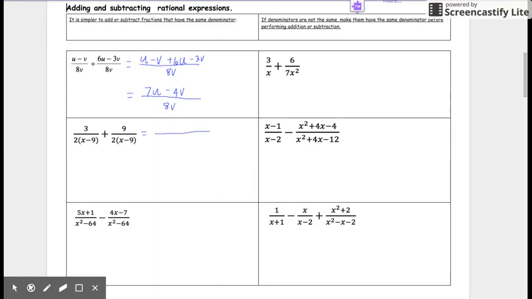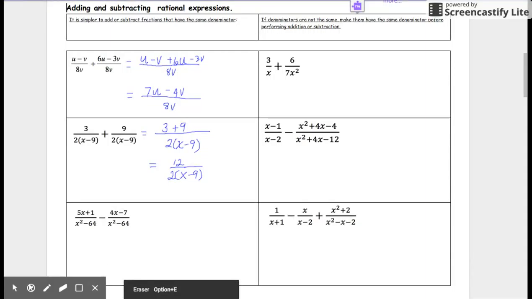For the second one, again, they have the same denominator. So we can just copy the denominator here. And then we just add the numerators, 3 plus 9. So we'll have 12 over 2 times (x minus 9). And then we simplify if possible. Notice that 2 and 12 have a common factor of 2.